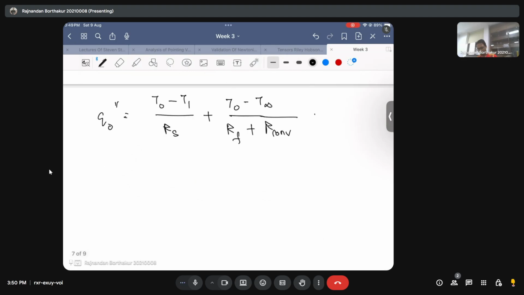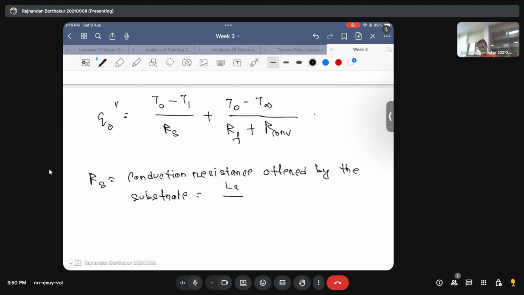So Rs, as we all know, is the conduction resistance offered by the substrate, and this is going to be the length of the substrate Ls divided by the thermal conductivity of the substrate Ks.